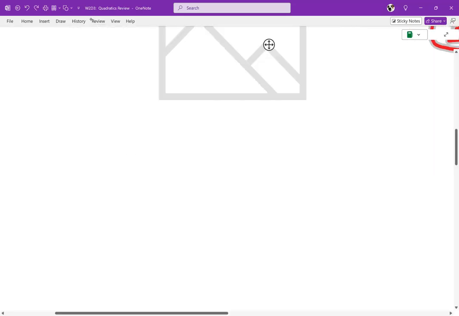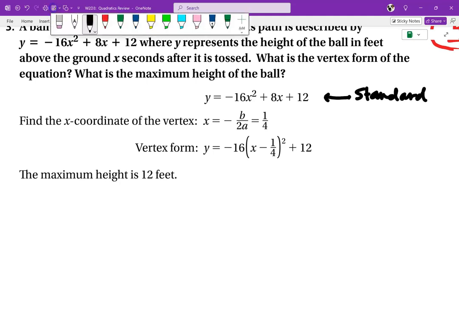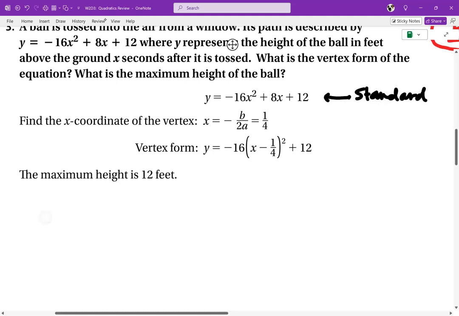Whenever you're given something in standard form, you can rewrite it in vertex form, the way they wrote it down there. Now they said that they made an error, so most likely the error is probably the vertex, but let's find out.